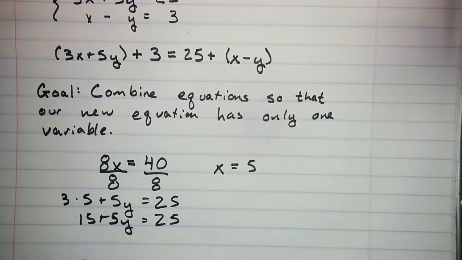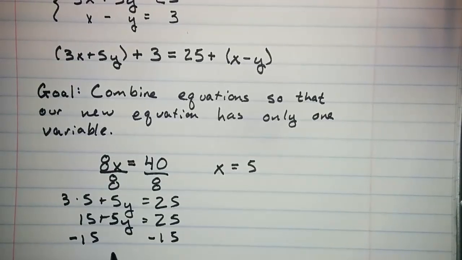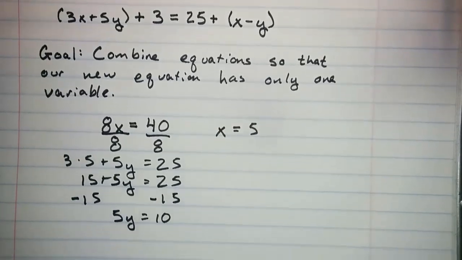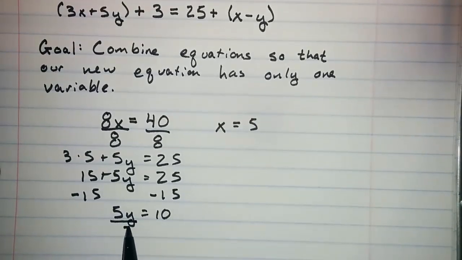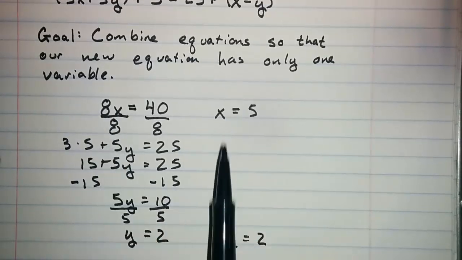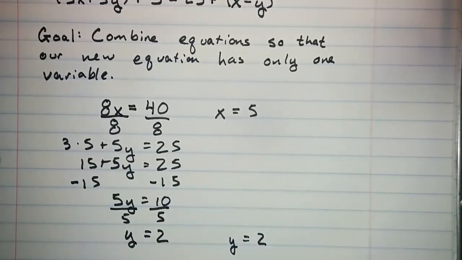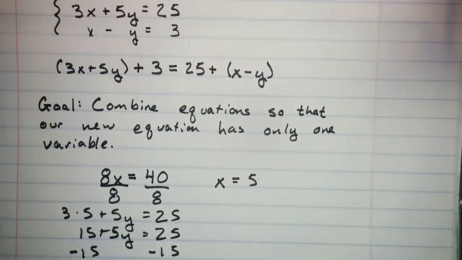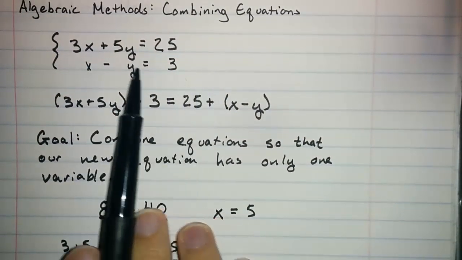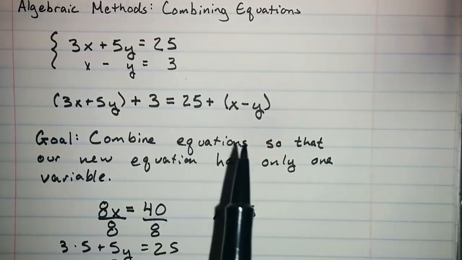Well, we need to get rid of this 15. 5y equals 10. We need to get rid of the 5. y equals 2. If this part works out, we know what x and y are. 5 minus 2 equals 3, so that also works in this equation.